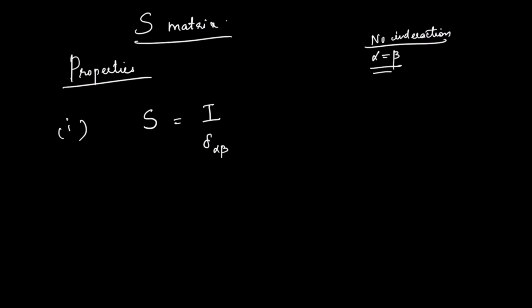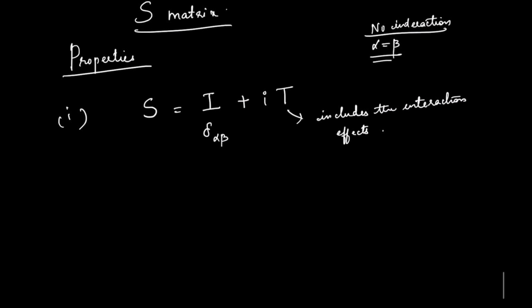And when the interaction is weak, so you have some interaction but it is weak, then I have to add those interactions: plus i T, where this T is also a matrix which includes the interaction effects. We expect energy momentum conservation due to translational symmetry.